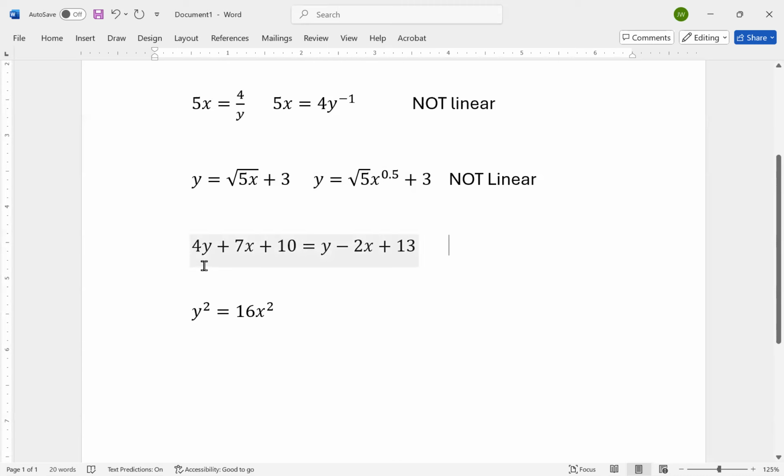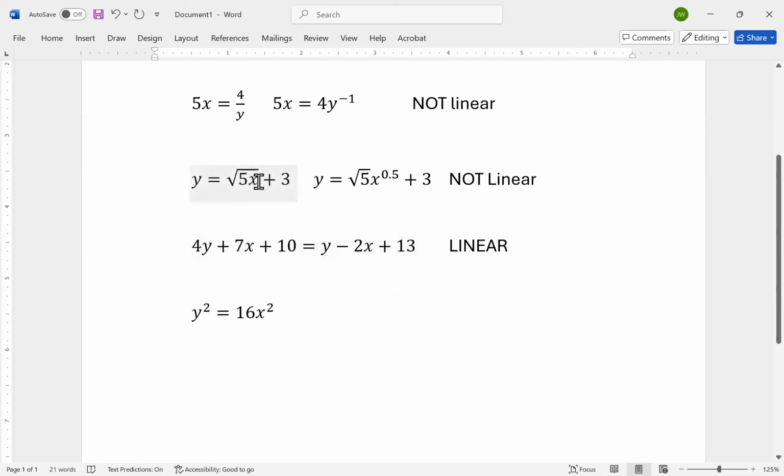This equation, 4y plus 7x plus 10 is equal to y minus 2x plus 13, is in fact linear. All of our terms are dealing with y and x being raised to the first power. They're all in the numerator.